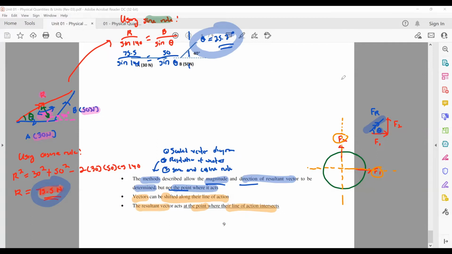This is the intersection of the two lines of action. Your resultant that you find here is going to be acting at this point. This is where your FR is going to be acting. So when finding the point where the resultant acts, just look at where the lines of action intersect. That will give you your resultant point.